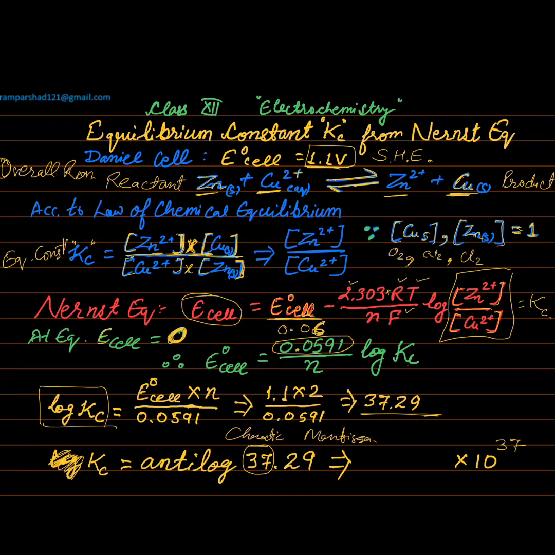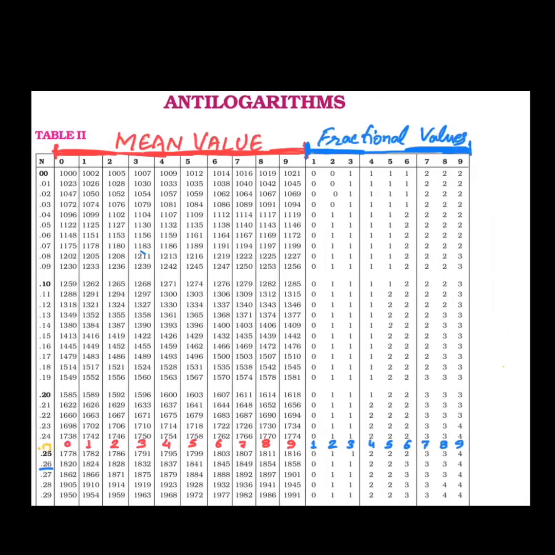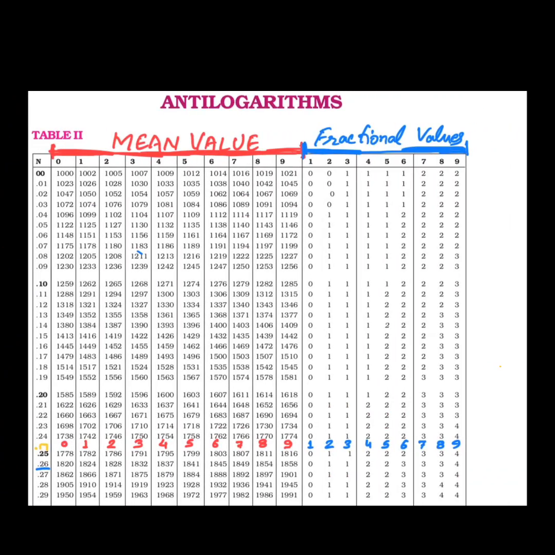So let us see how to calculate the value of 0.29 from the anti-logarithmic table. Actually we need 4 decimal digits to get the accurate one, but if we do not have the 4 values, then we can take 0.29 and add zeros by ourselves.